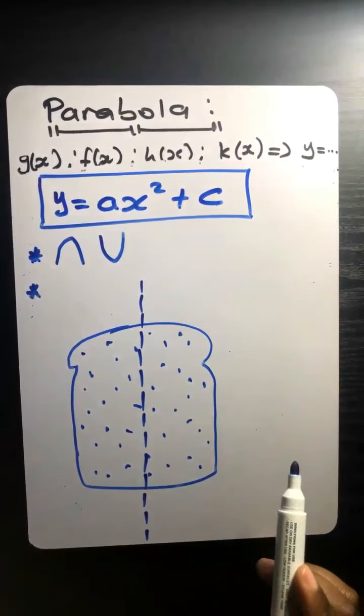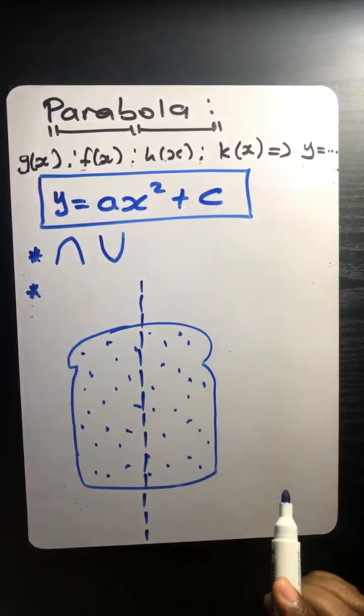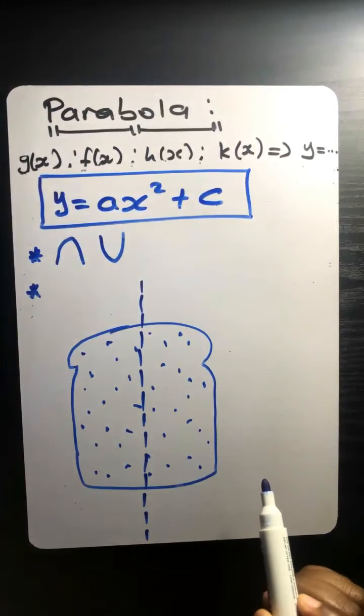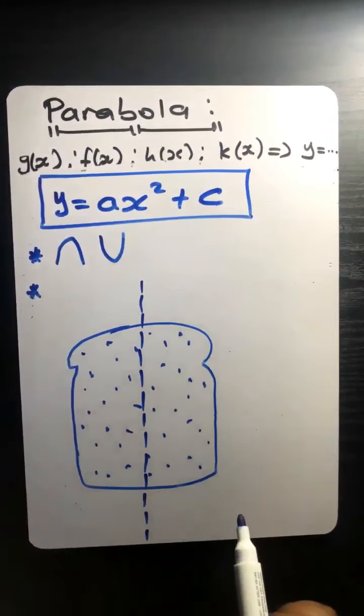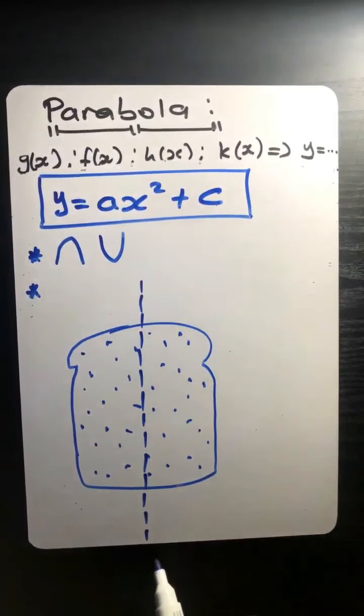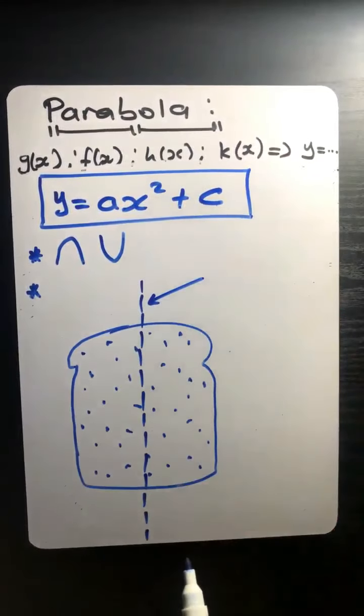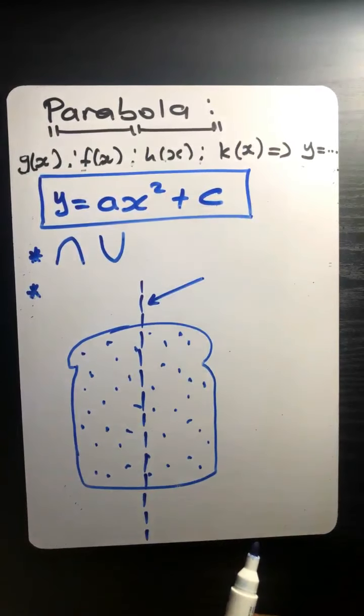So, good people, for us not to fight because of unequal pieces of this slice of bread, you need to cut it into equal halves. So this line, which we call a malamulela, ladies and gentlemen, we used to call this line malamulela because it lamula the conflicts.